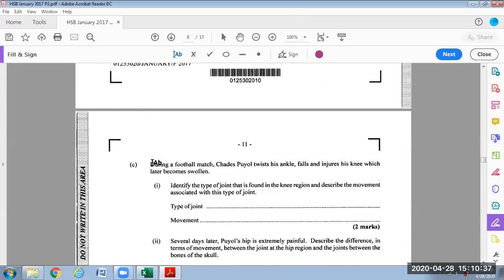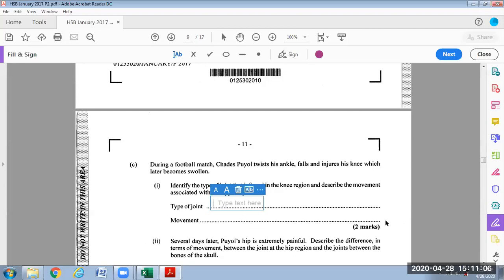Puyol twisted his ankle, falls, and injures his knee, which later becomes swollen. 1. Identify the type of joint that is found in the knee region and describe the movement associated with the type of joint. What joint is found in the knee? Miss, I put hinge.